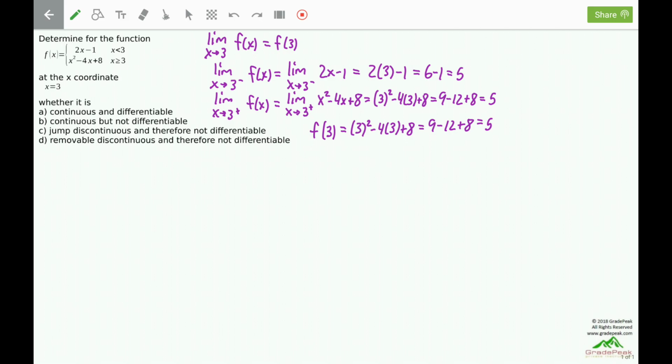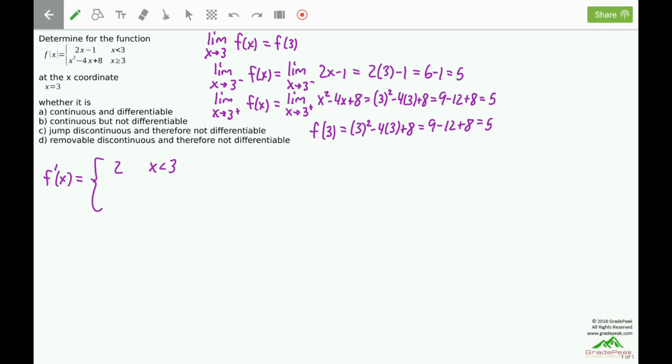Now, to determine whether it's differentiable or not, we are going to work out the continuity of the derivative. So the next thing that we want to do is find the derivative of the split expression function by taking the derivative of each function separately. The derivative of 2x minus 1 is a 2 for x is less than 3.